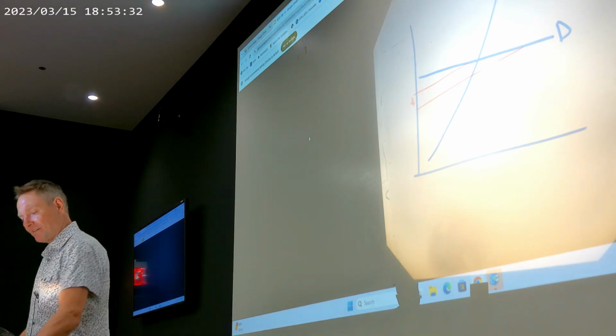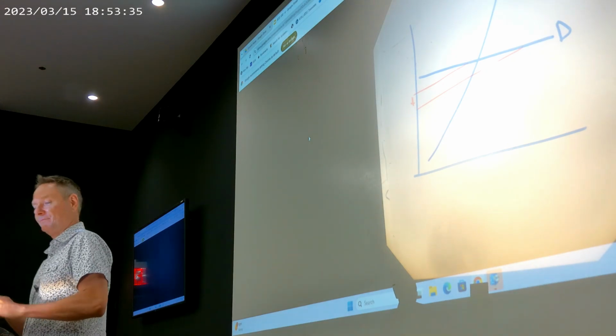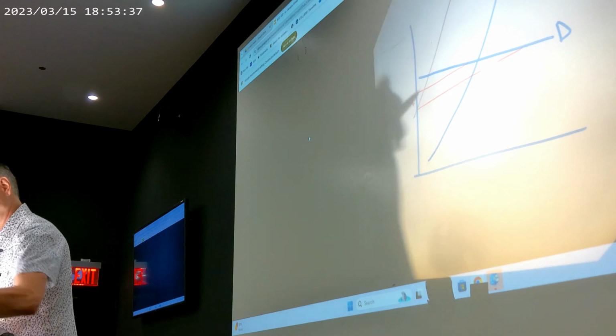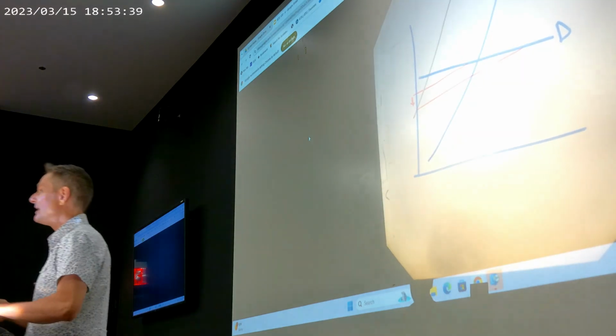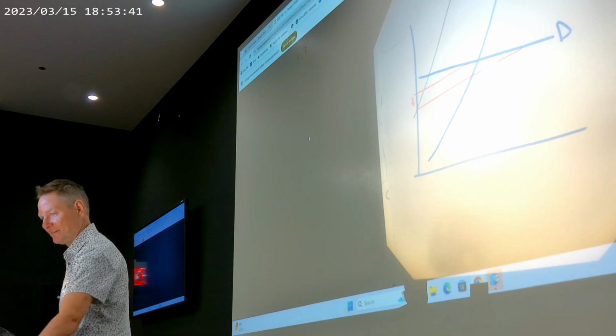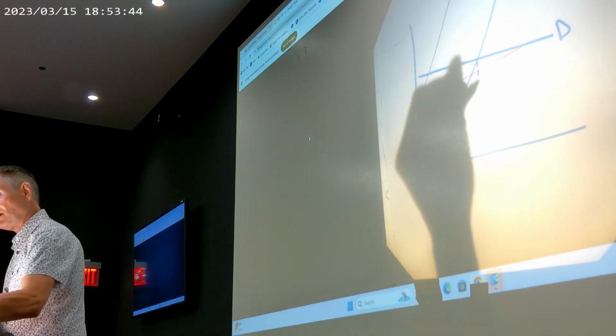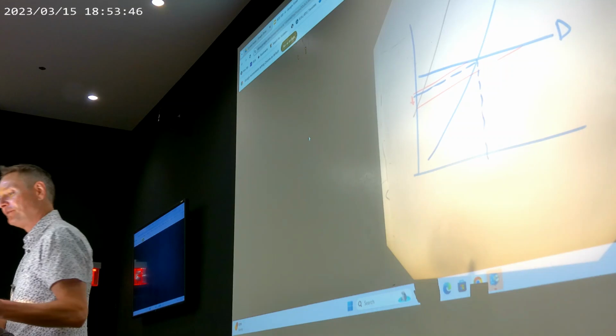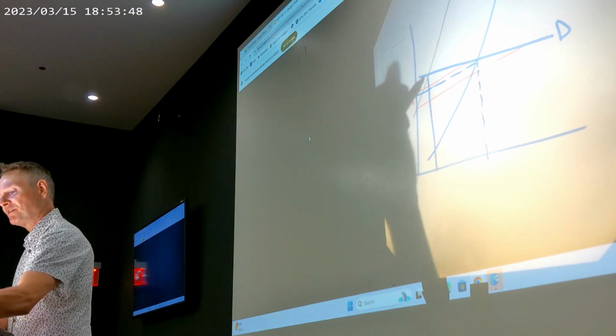So notice that when we have a flat demand curve here, if we were to shift back supply, now the answer about what happens to the rectangle is a bit more obvious.